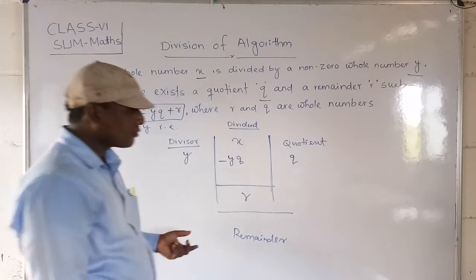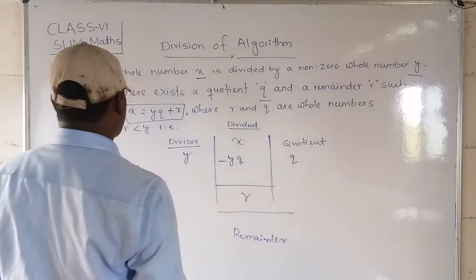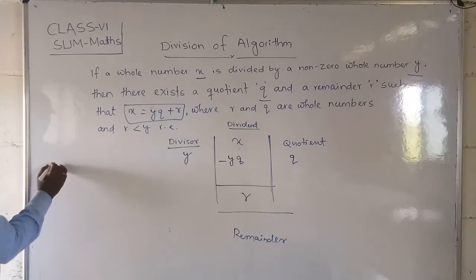Okay, friends, this is the division algorithm. If you write this formula, this is the algorithm formula. What is that? x is equal to the dividend.